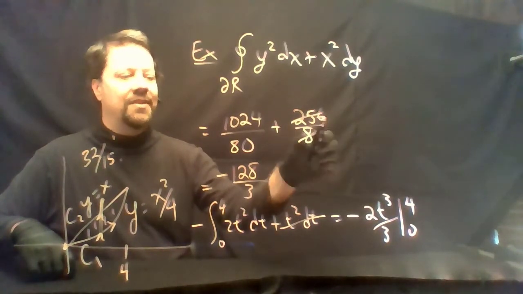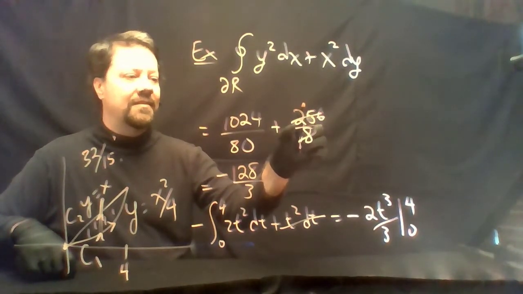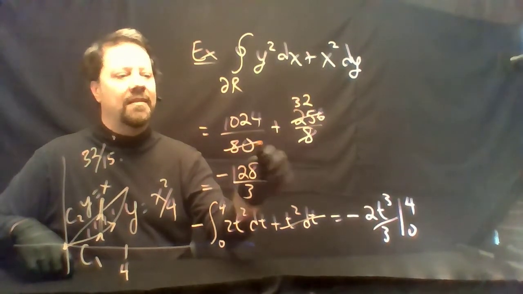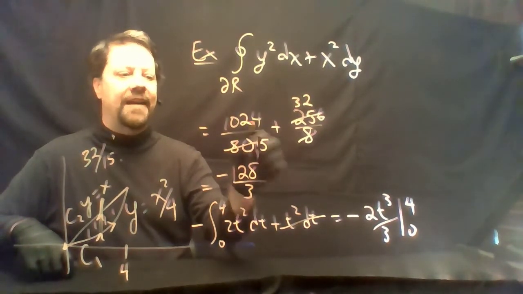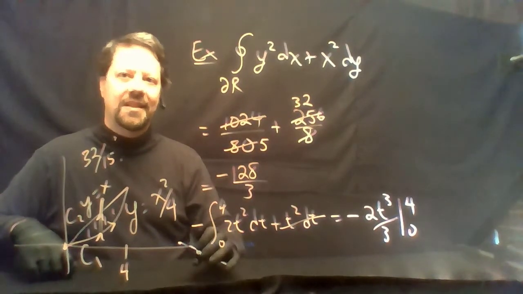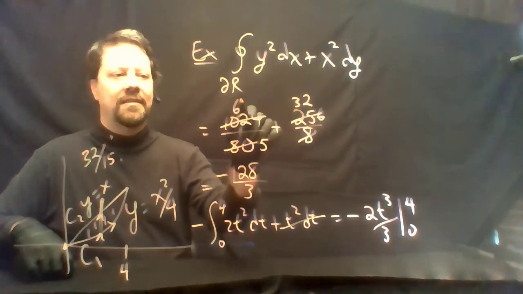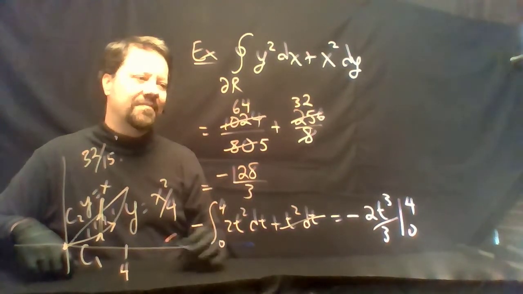8 goes into 256 32 times. 16 goes into 80 5 times. 16 goes into 1024 64 times.